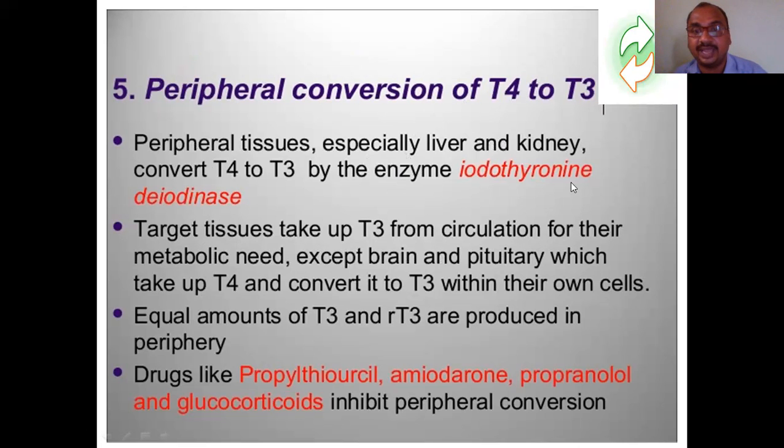Drugs like propylthiouracil, amiodarone, propranolol, and glucocorticoids inhibit the peripheral conversion.